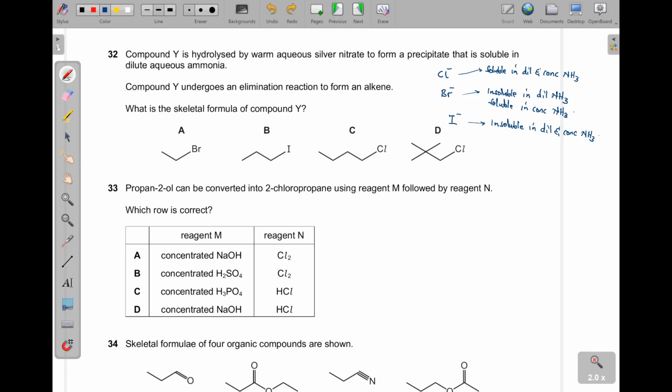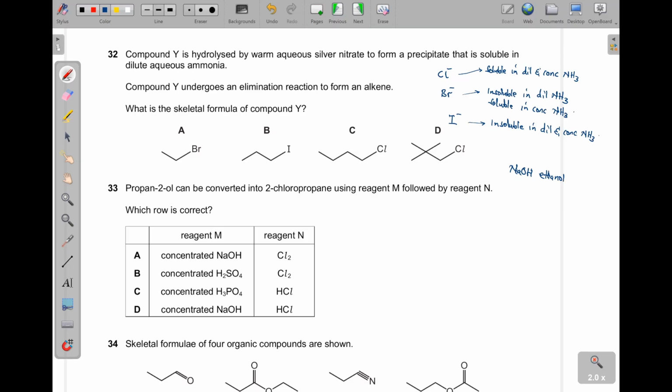Okay, then they are saying that compound Y undergoes an elimination reaction to form an alkene. So I'm supposed to center on these ones here. Now when I look at those two here, an elimination reaction, that means we are going to use something like sodium hydroxide. We must use sodium hydroxide, a very strong alkali, in ethanol.